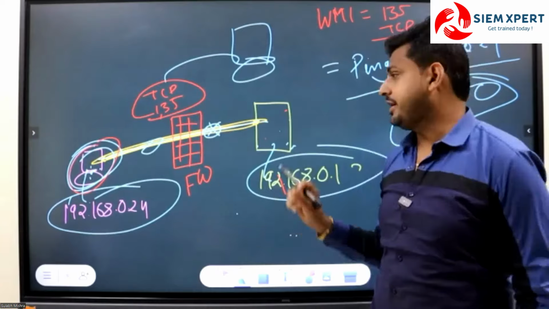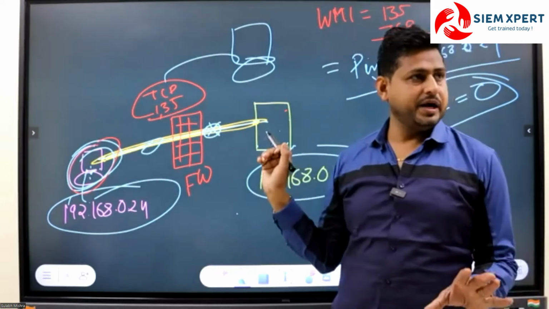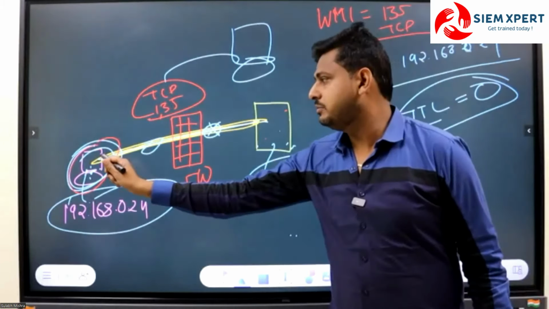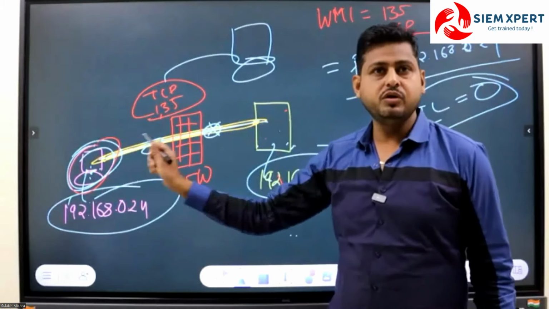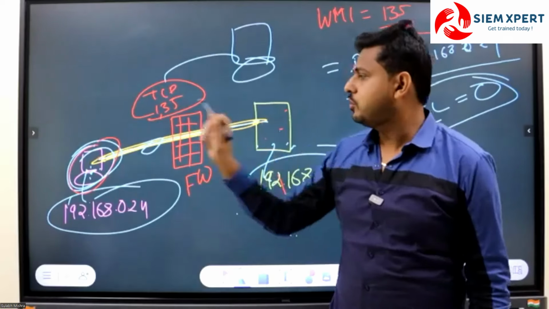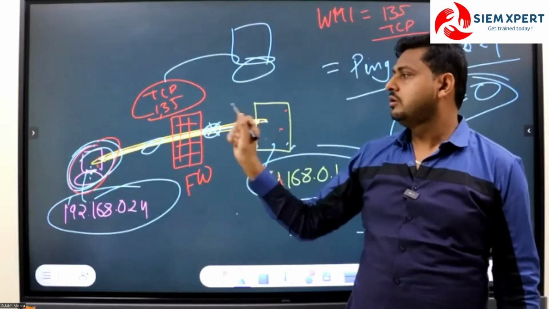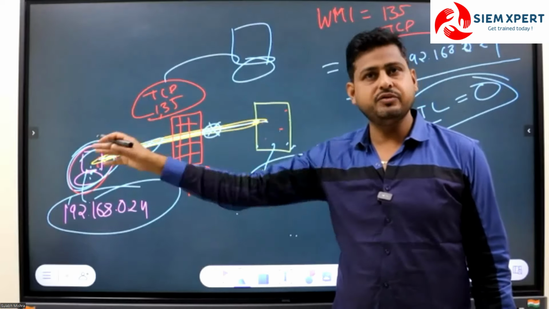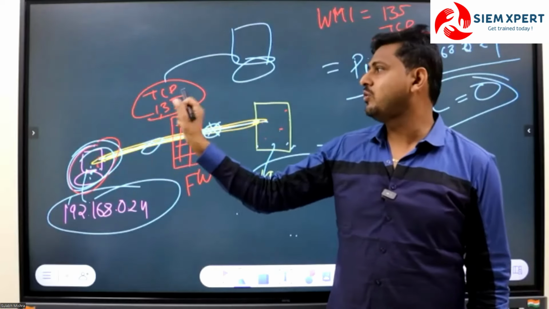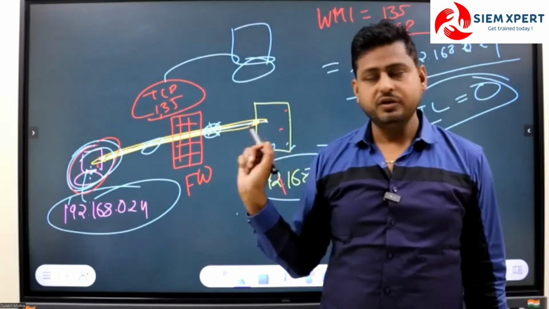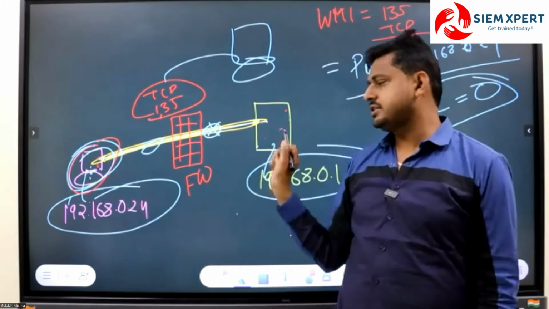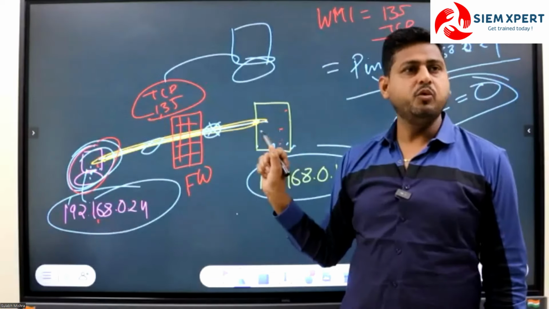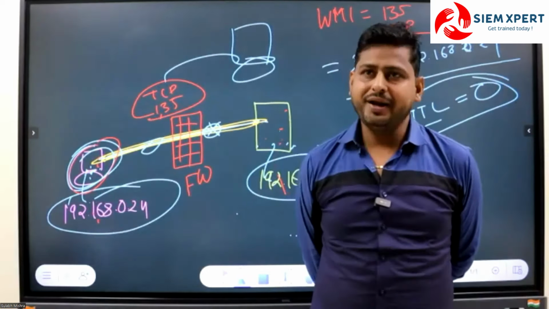Both-way communication, reverse and forward. Between the heavy forwarder and Windows machine, and Windows machine to heavy forwarder, this port number should be allowed in both directions.